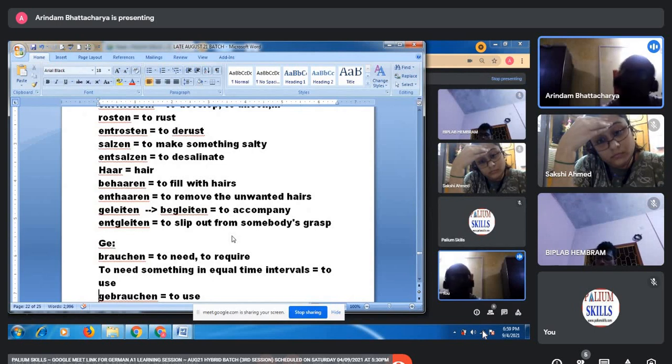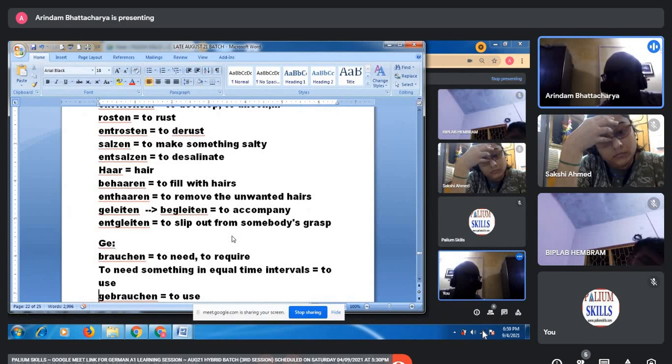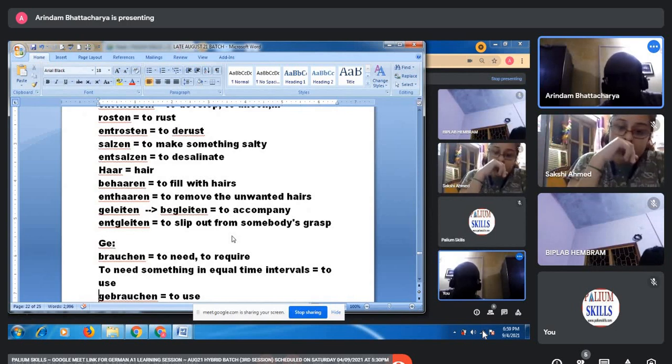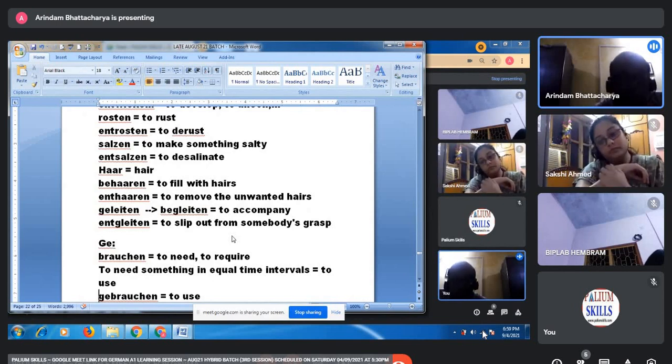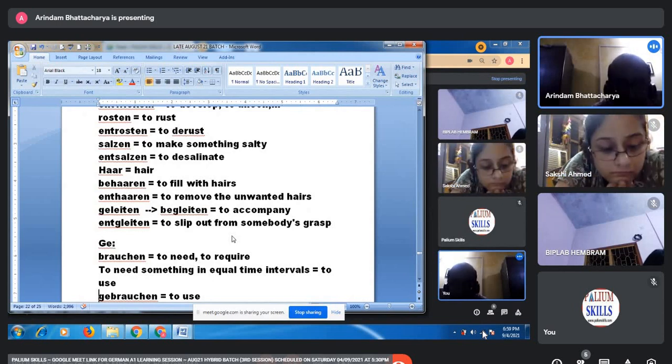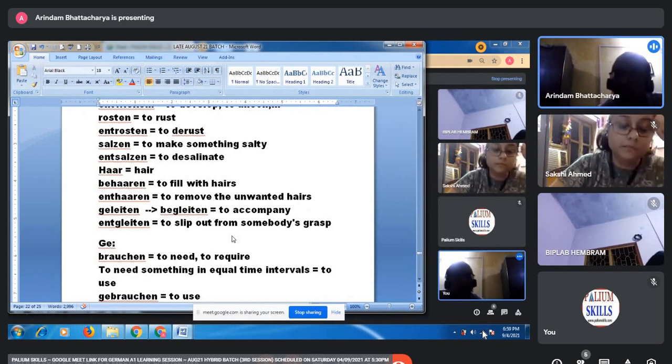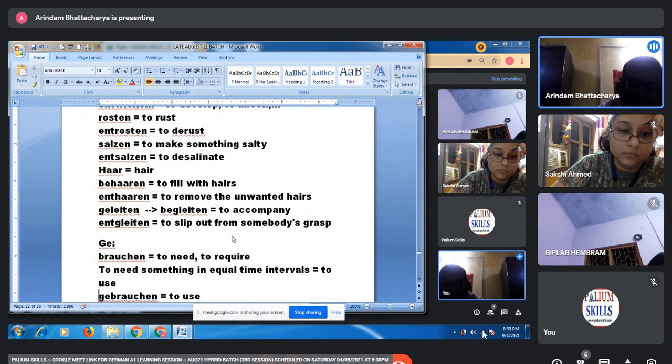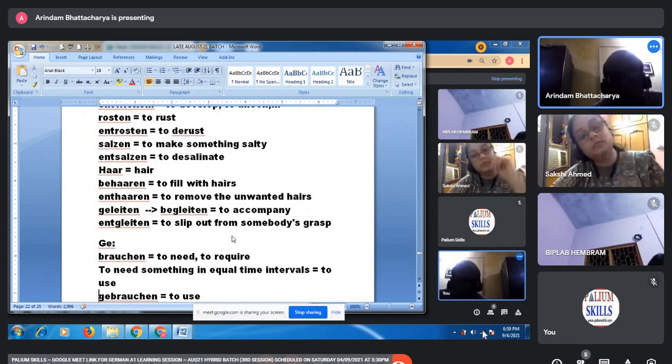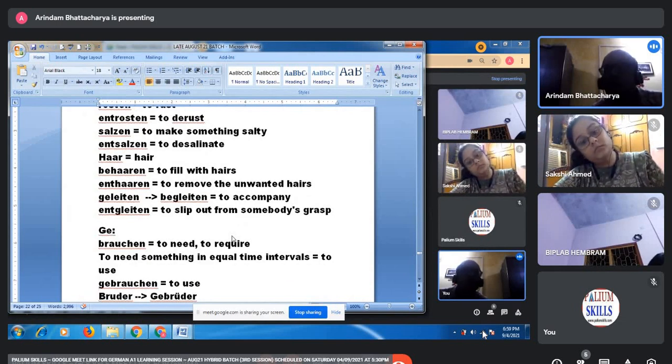You need to wear formal dresses like kurta, salwar kameez, or sari. So in that case, you need those things at regular intervals of time, and it becomes to use. Gebrauchen means to use.